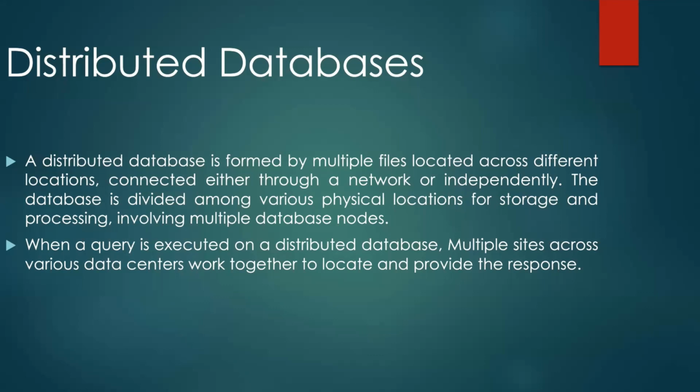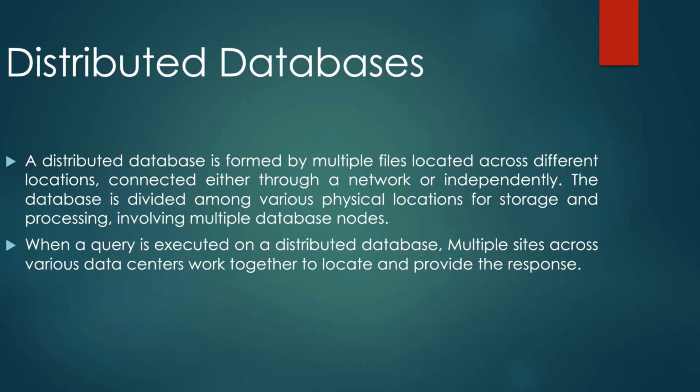And when a query is executed in a distributed database, multiple sites across various data centers work together to locate and provide the response. For instance, when we search for a product on the Amazon website or Amazon app, our request doesn't go to a single server. Instead, it is handled by the distributed database system.